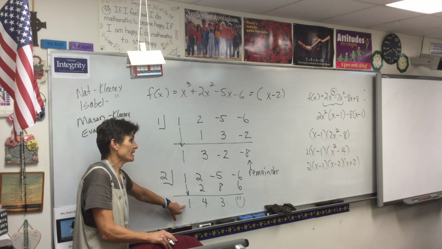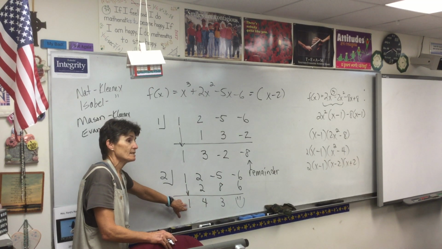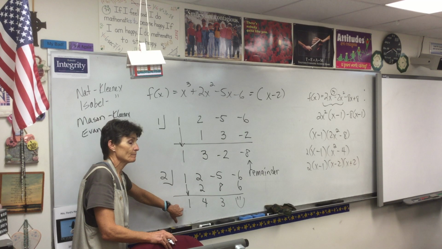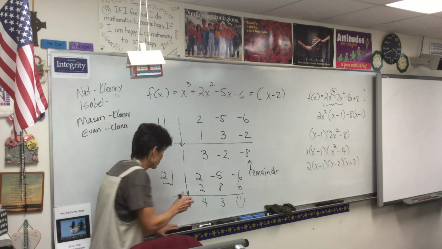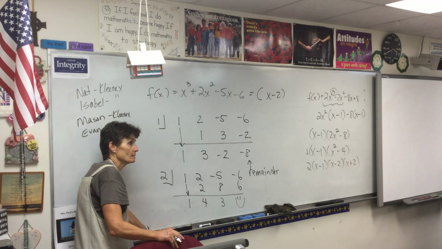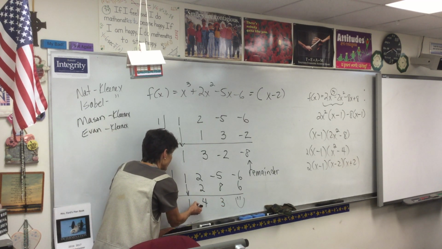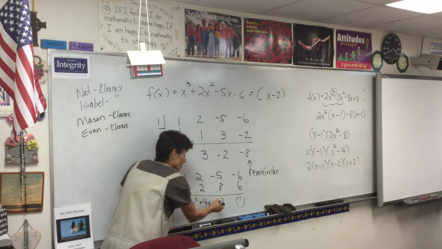Think back to your synthetic division. What does this stand for? After you've done the division, do you remember what these numbers stand for? This is 1x squared plus 4x plus 3.